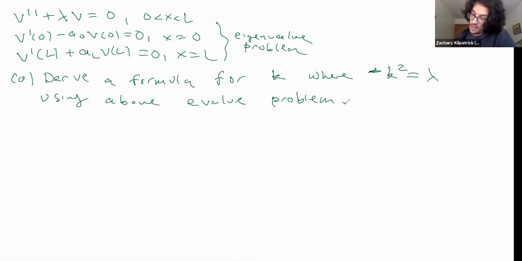Why don't we work on that maybe for 10 minutes? All you're going to do is plug in this assumption into the above equation. I'm going to solve for the homogeneous solutions to this.